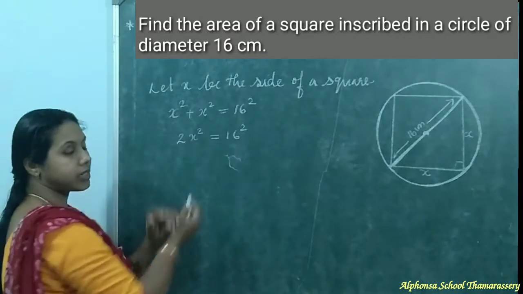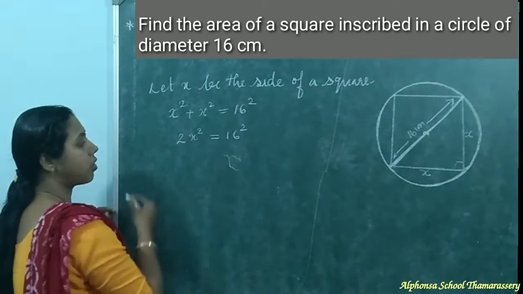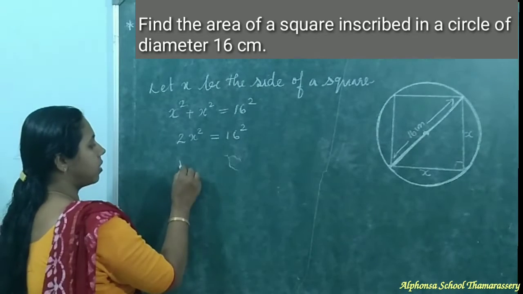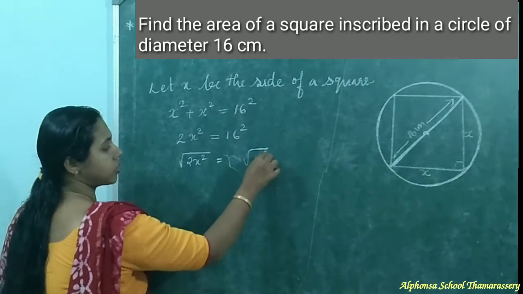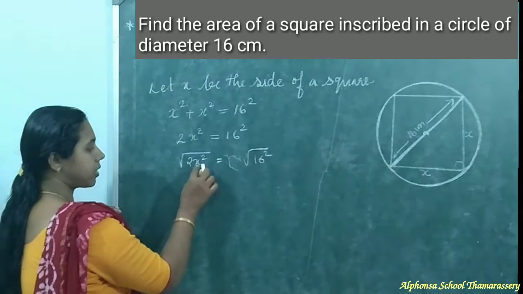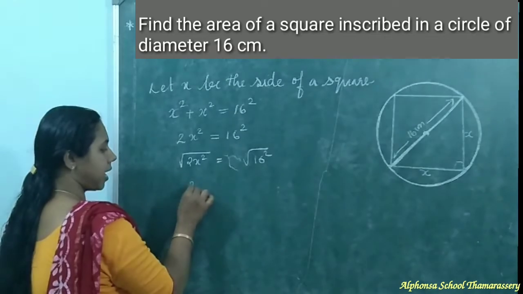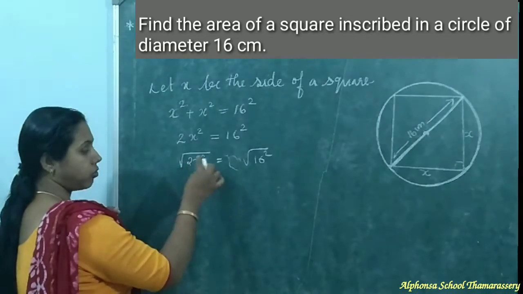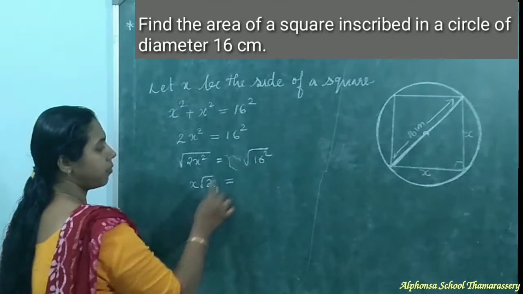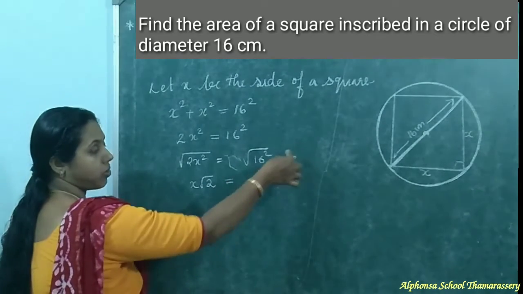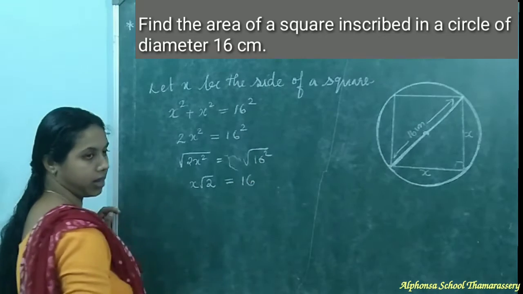When you take the square root of 2x square, you will get square root of 2x square is equal to square root of 16 square. Here x square is a square number, so square root of x square is x. And there is no pair for 2, so it will be root 2. x root 2 is equal to square root of 16 square. It's a square number, 16 into 16, so the square root will be 16 only.